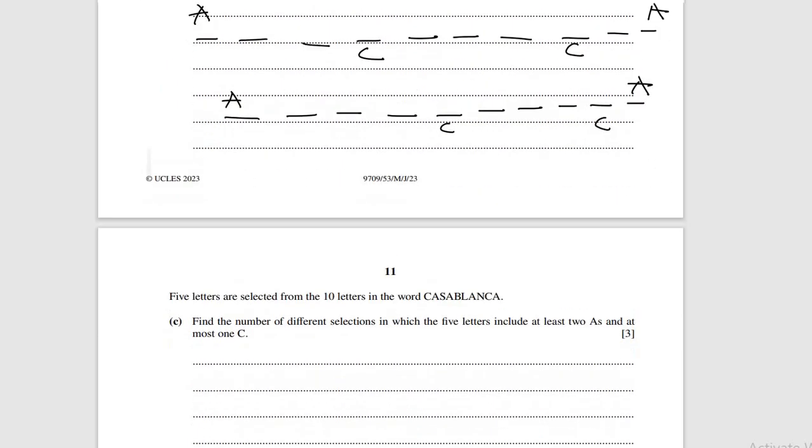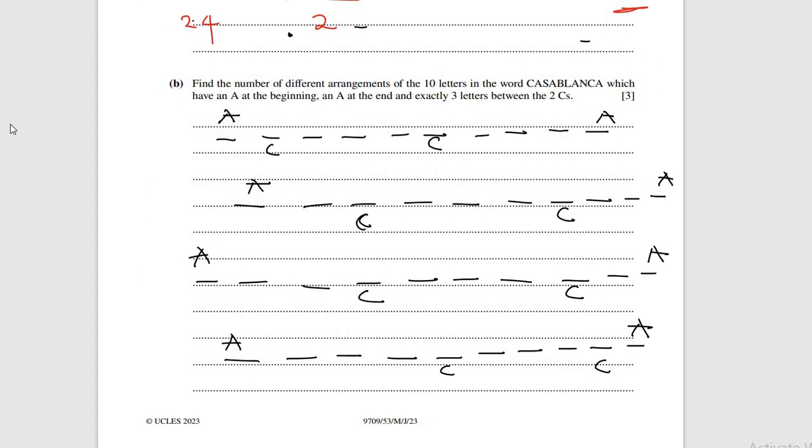So from here, what's the arrangement in the first one? If C is here, it's been fixed. A has been fixed. The remaining letters are 6, so 6 factorial. Out of the remaining ones, there are still 2 A's, that's repetition.